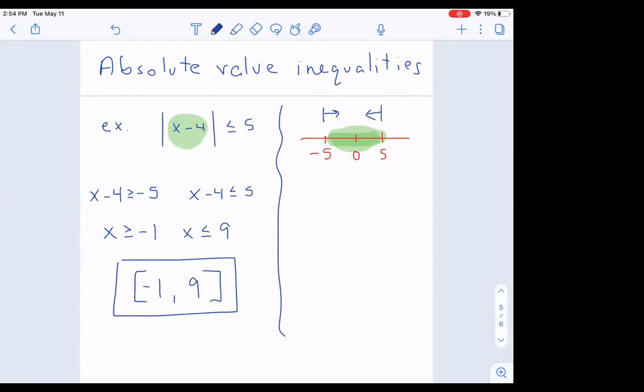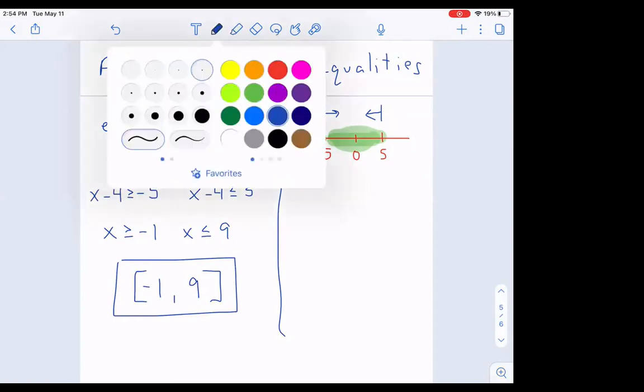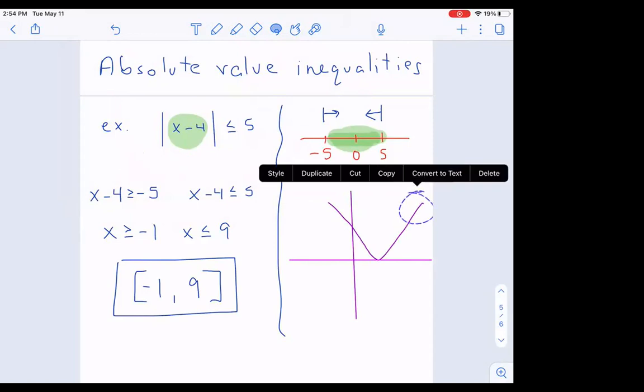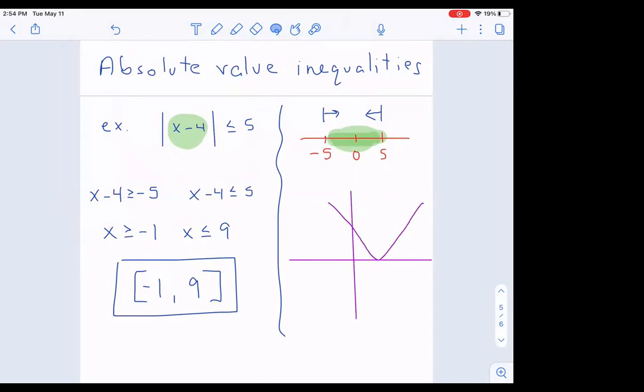And another way to look at this is think about what we know about absolute value graphs. Remember, absolute value is the V graph. Remember, that moves it to the right 4. So if I took that graph and moved it to the right 4, and this question is saying, well, when is that then less than 5?